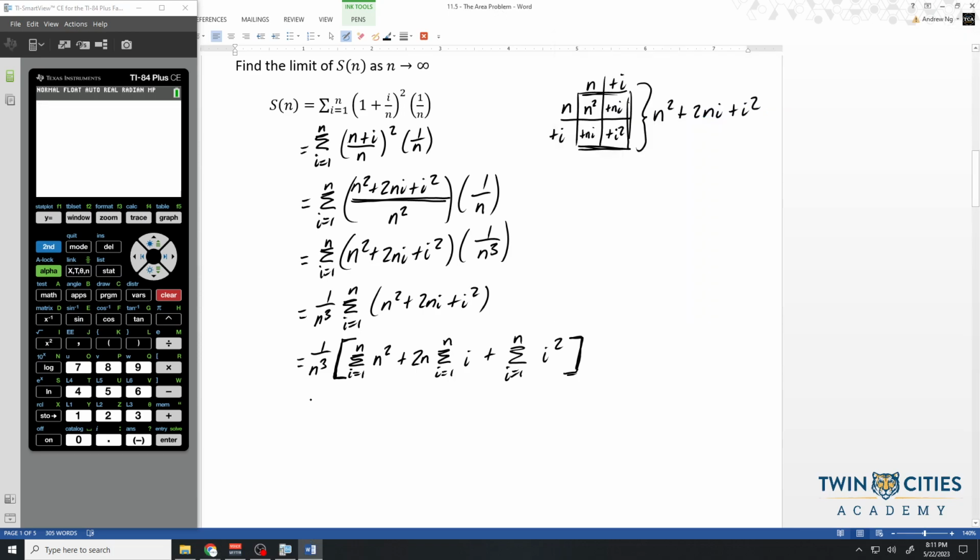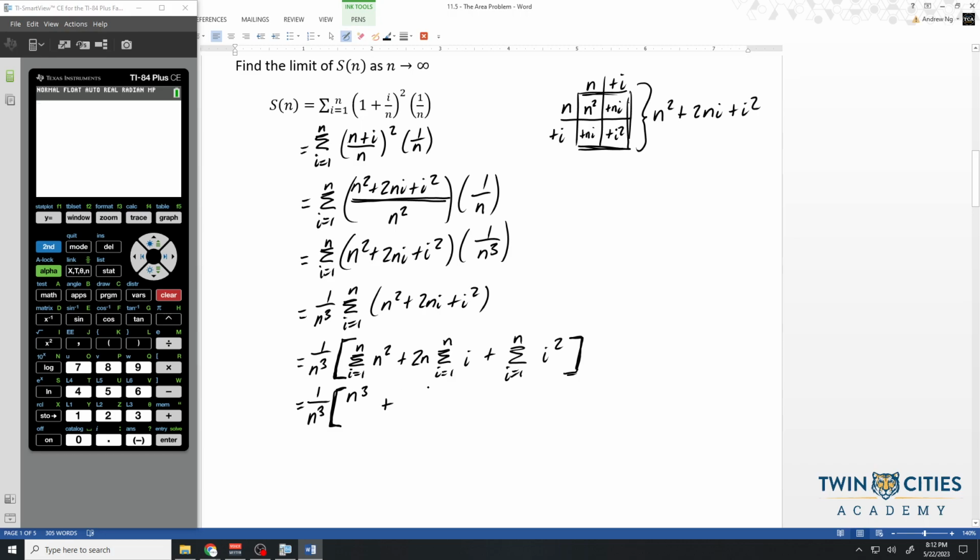I've got 1 over n cubed here, big brackets. This first part will be n to the third power. Okay, and I'm actually going to write this a little bit higher, and you'll see why later.